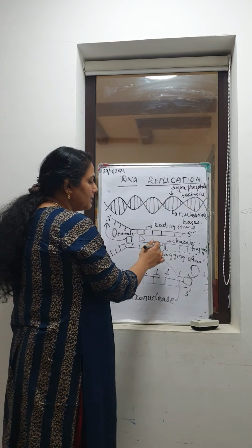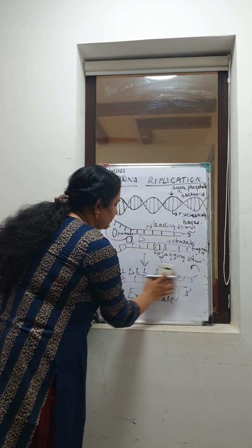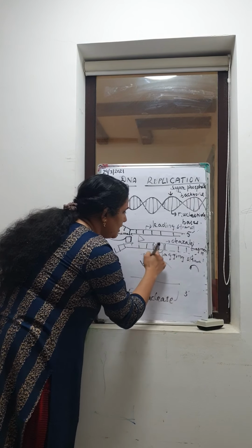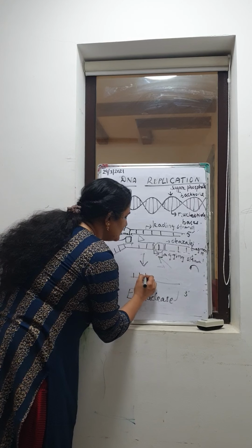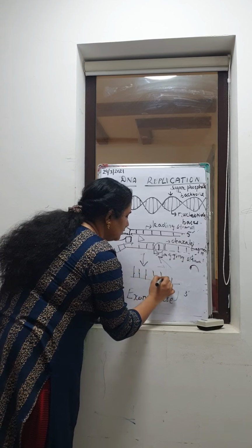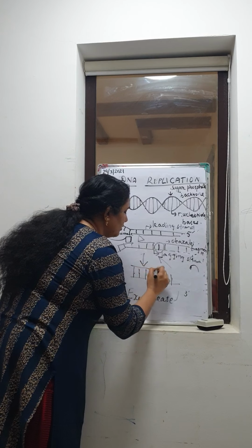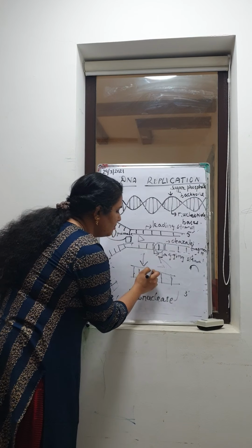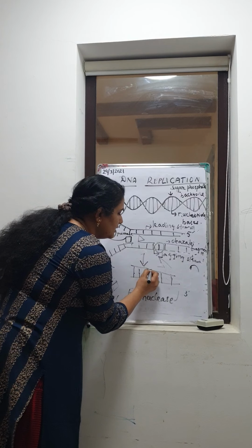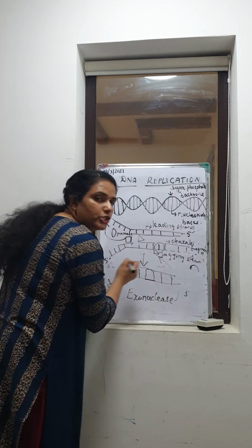Now the exonuclease, what does it do? It will remove the space between the strands like this. Now this space has been removed. Now who is going to seal here? This has to be sealed, isn't it? This has to be joined.